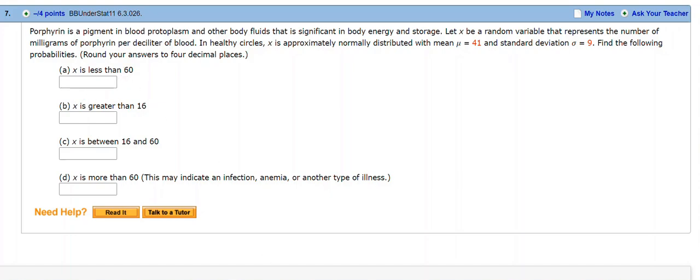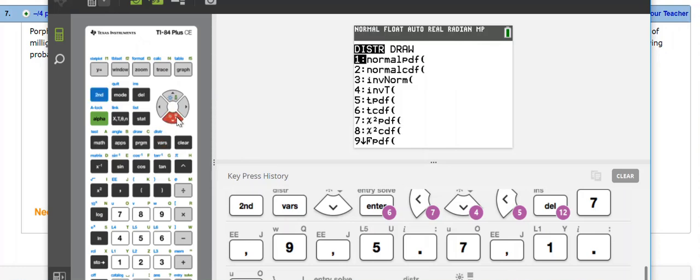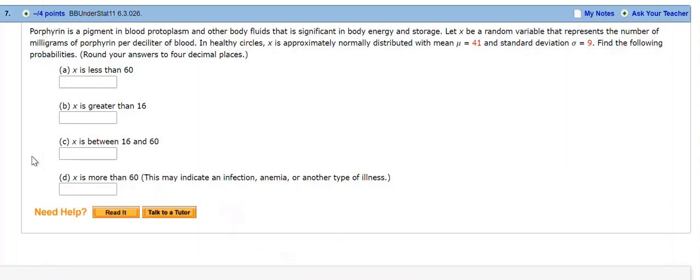When I do this on my calculator, I'm going to do the second distribution, so vars to distribution, and then I want the normal CDF. And then the lower is negative infinity, since X is less than 60.